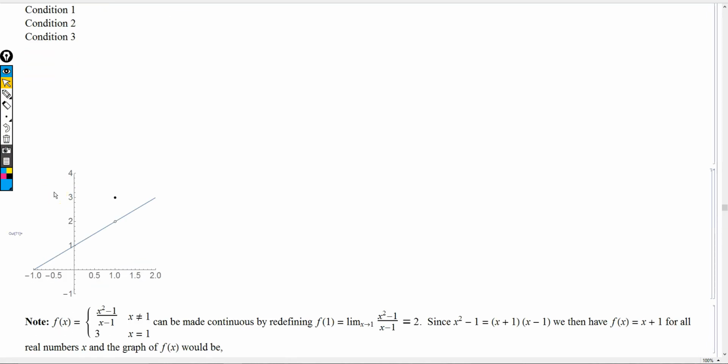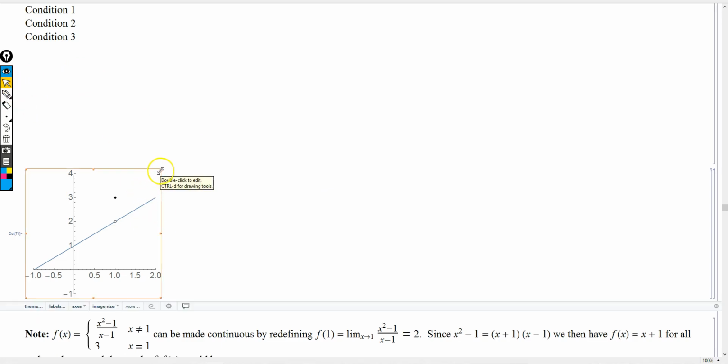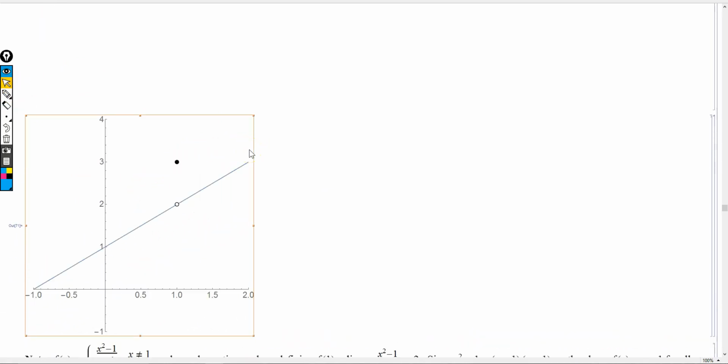So here's what the graph of this function looks like. You notice if I try to graph it with my pencil, I do have to pick up my pencil, fill in that little dot, come back, and keep going.